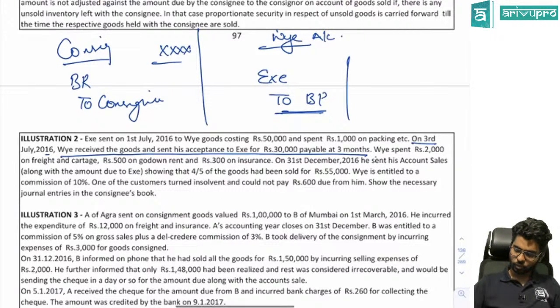Next one. Y spent 2,800 on freight, cartage, 500 on rent, 300 on insurance. What's going to be the journal entry?